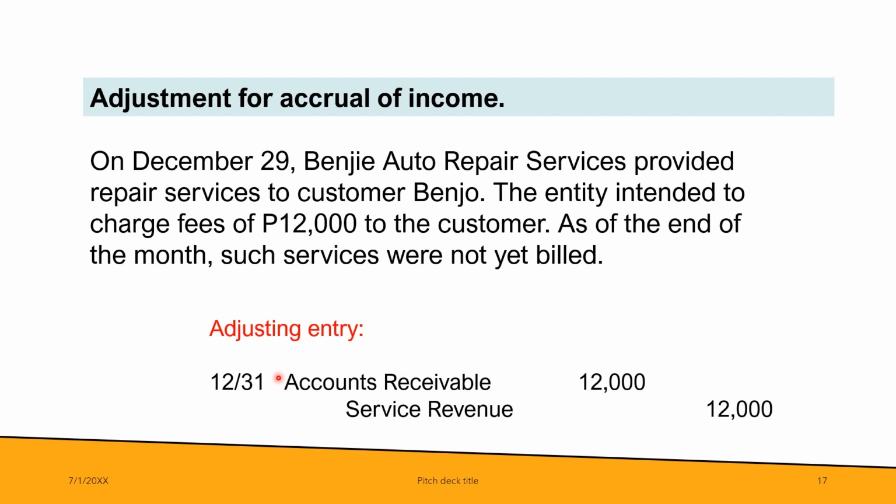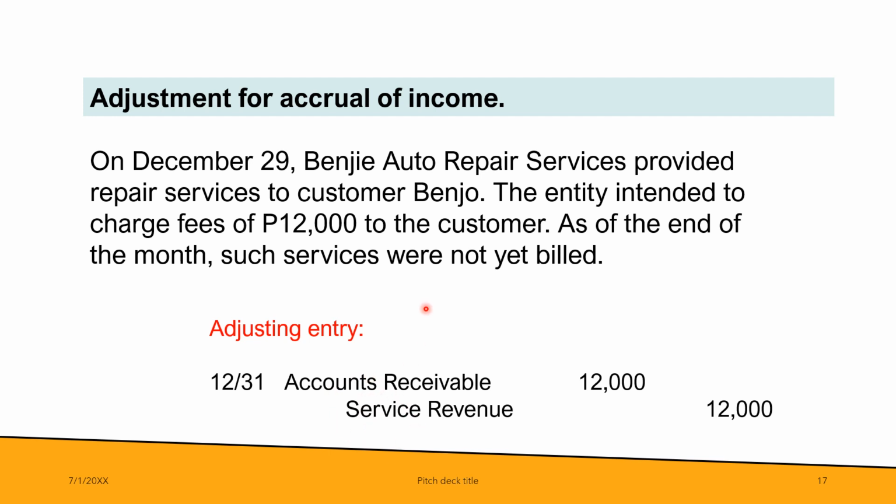In that case, you will just replace the word accounts with interest receivable and your service revenue account with interest revenue. So the format is you debit receivable and then you credit revenue. You will just replace this first word depending on the nature of the accrual of income.